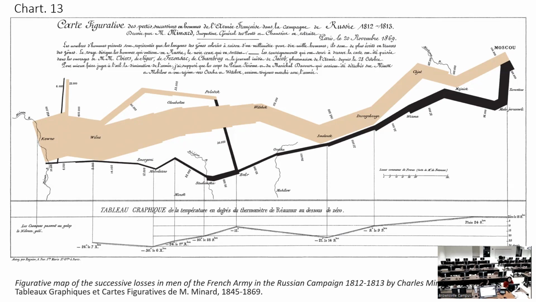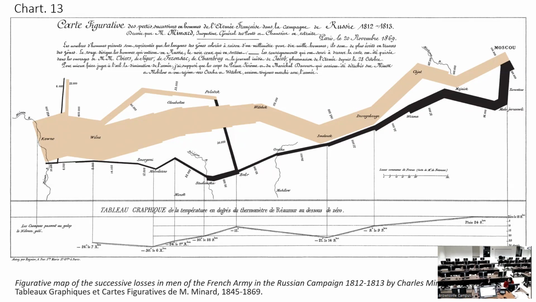Those are the names of the cities, until they arrived at Moscow, and the number that arrived was 100,000 out of those 422,000. So this is beautiful. And remember, this graph was created in 1869.